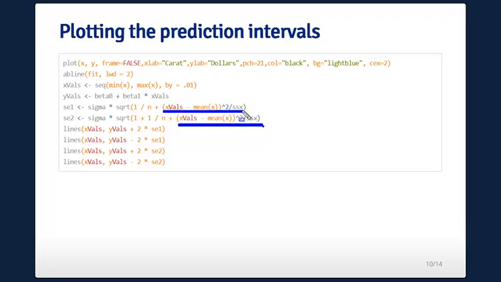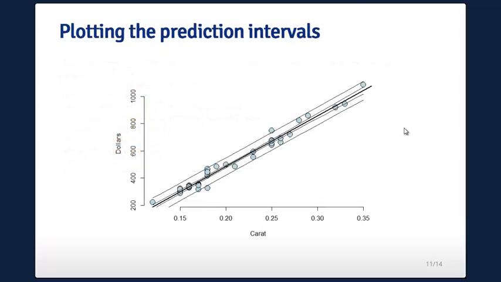So your prediction interval is going to be narrowest at the mean, and it's going to increase as you go away from the mean. So that's exactly what we see. It's a little bit hard to see on this picture. It's maybe easier to see on the regression line picture.